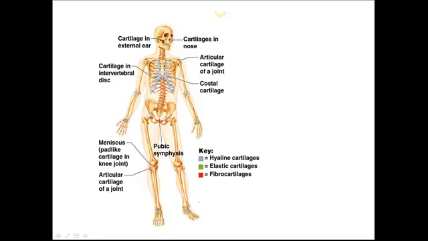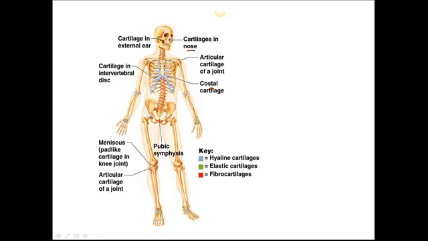It's a great little visual to see where these cartilages are. So hyaline cartilage is blue, so it's in your nose, right? It's in all these joints, and it's in the what are called costal cartilages.